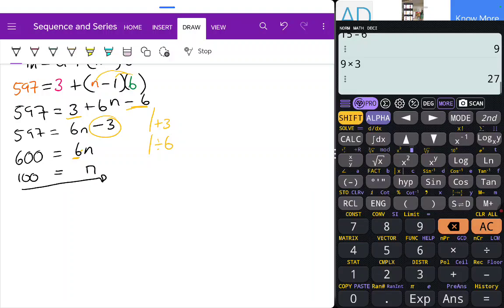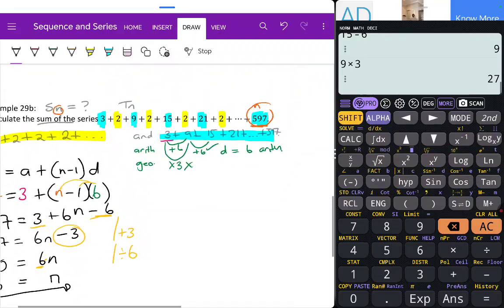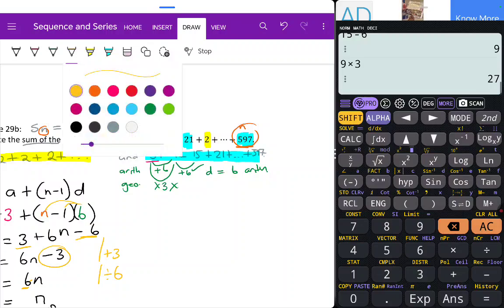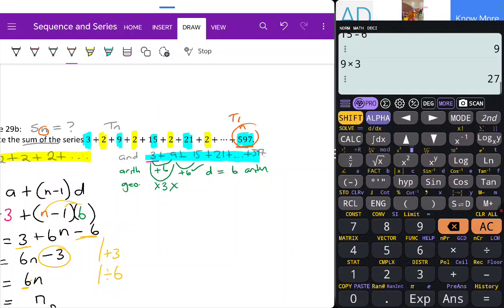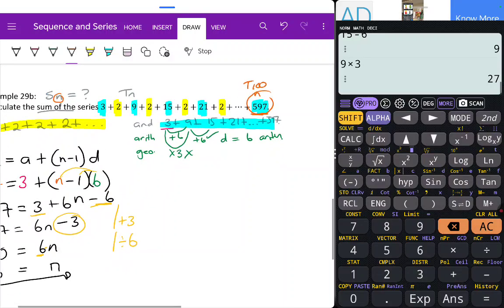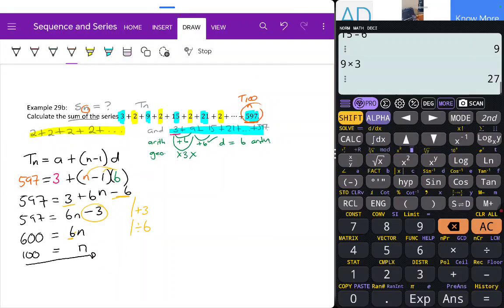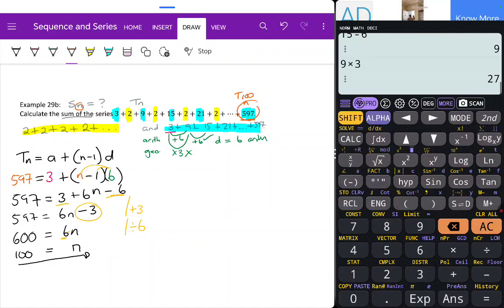Okay, so we now know there are 100 terms. This last one is going to be term 100. Great stuff. Now what are we going to do? We want the sum of n terms. But let's see.